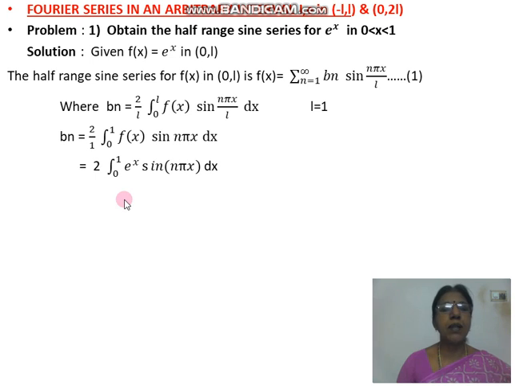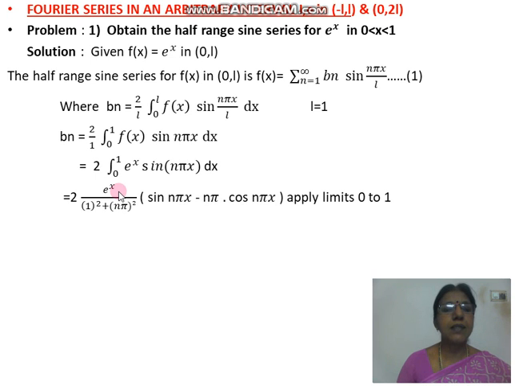So what is the formula? 2 into the integral, e power ax by a square plus b square, that is 1 square plus n pi whole square, into a sin n pi x minus b cos n pi x, that is 1 into sin n pi x minus n pi into cos n pi x. Apply 0 to 1 limits.